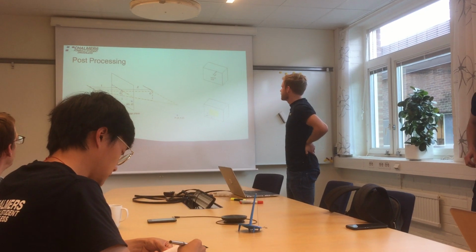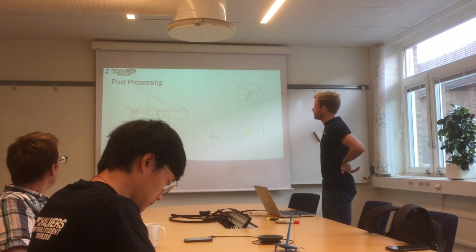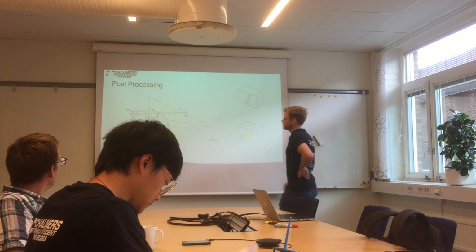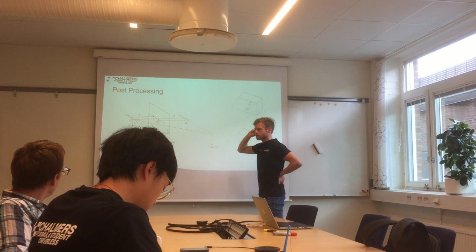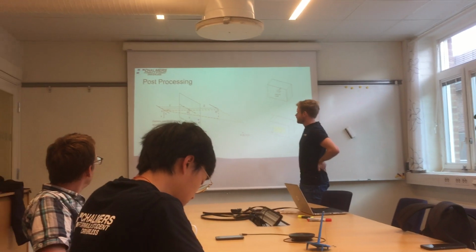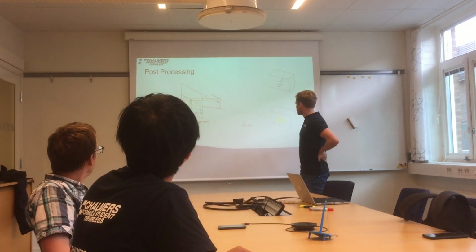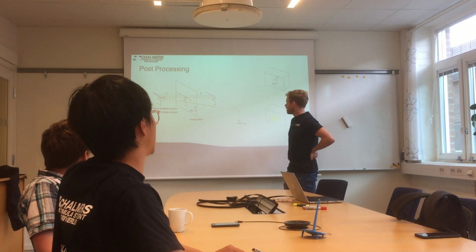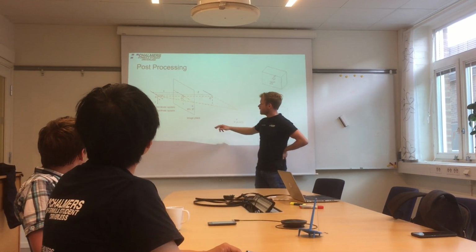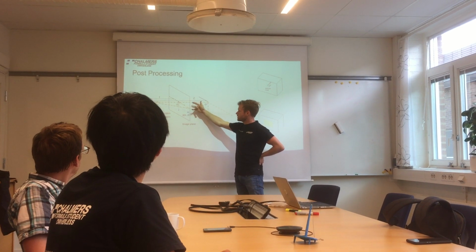So what we have here is the principle of a pinhole camera with the camera center in point C here. I think we saw that in the last presentation already. And with the data of the camera, we were able to figure out the 3D point, calculating from the 2D point in the image frame.